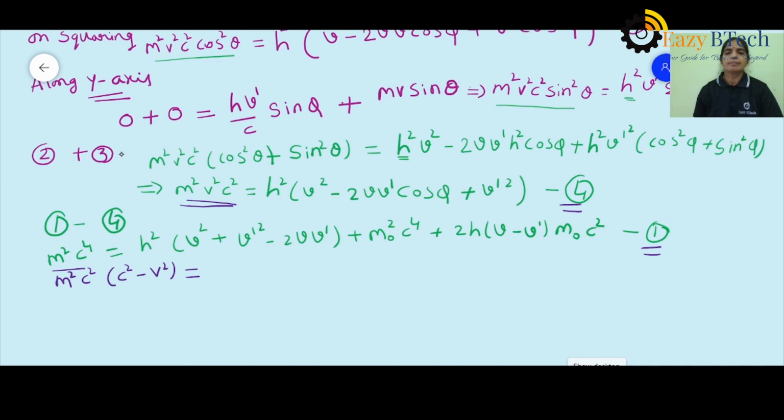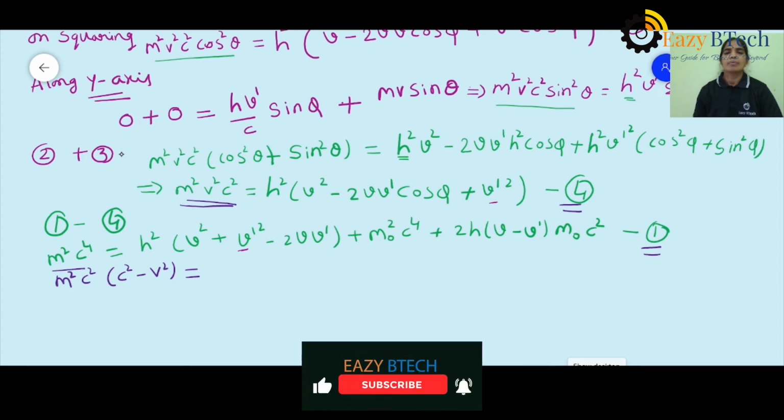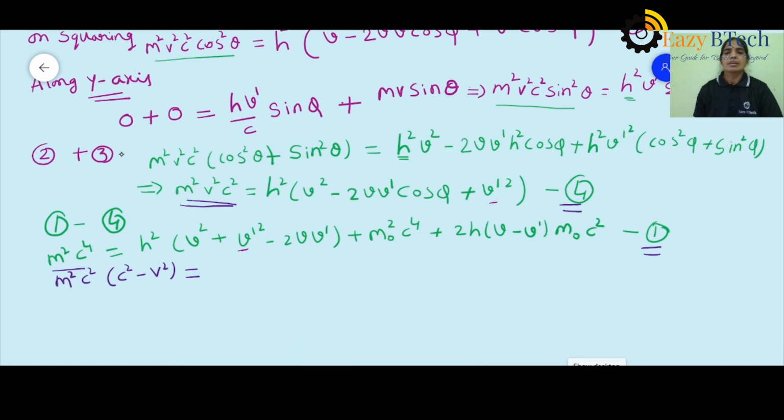Now look here, with your equation 1 you have h square into mu square. The same h square mu square is there even here, but this is plus and this is minus. And also I have h square mu prime square, which along with the minus becomes h square mu prime square. So these two can be cancelled. Then the remaining terms will be left for us.